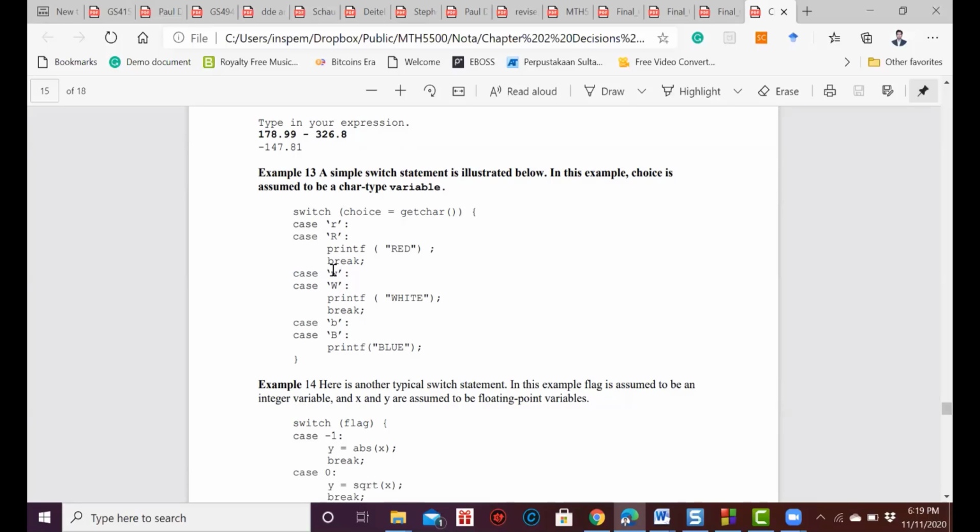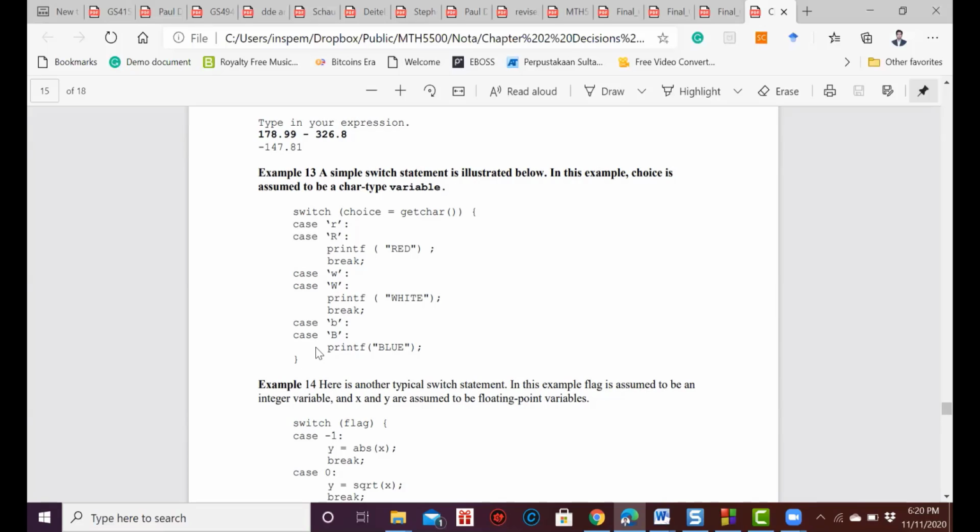So the small W, capital letter, print white, and then break. And then capital B, print blue. We don't have a default here.